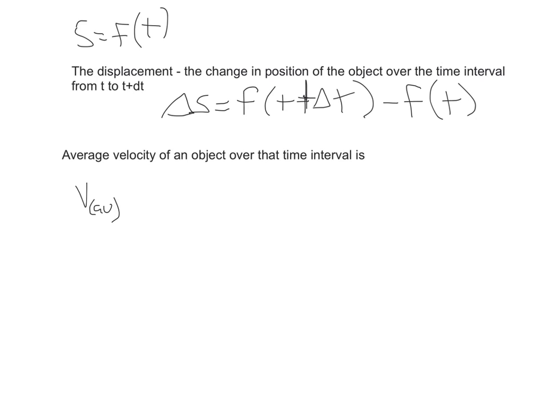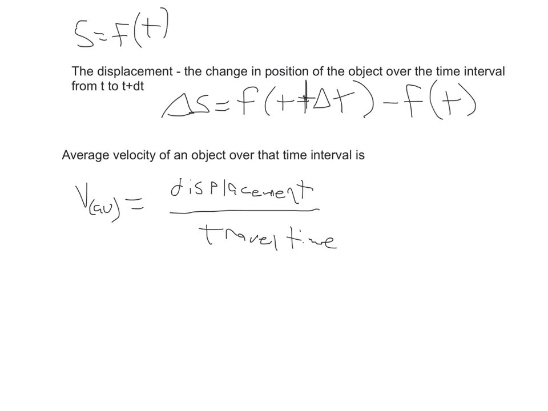Average velocity, by definition, is equal to your displacement divided by your travel time. How far did it travel divided by how long did it take to make that travel, which is nothing more than the change in the position.